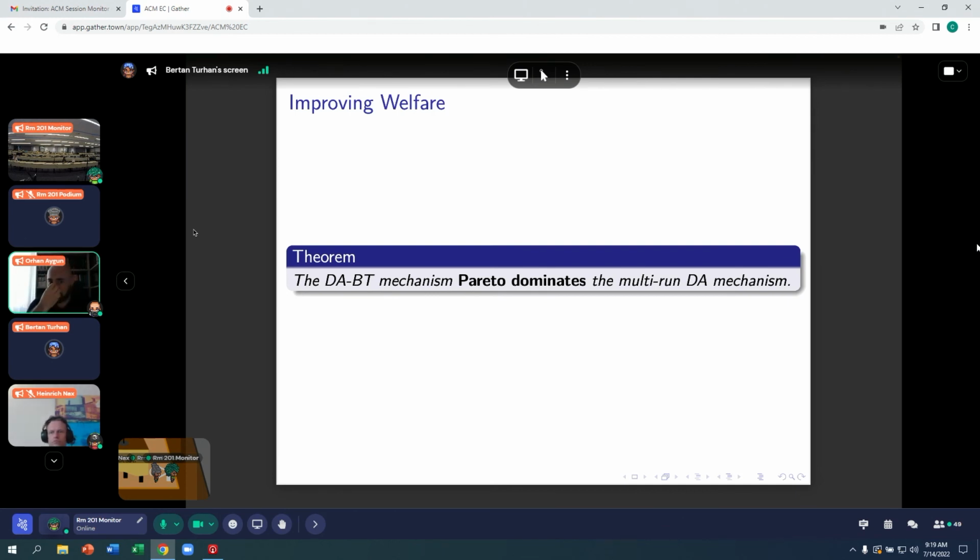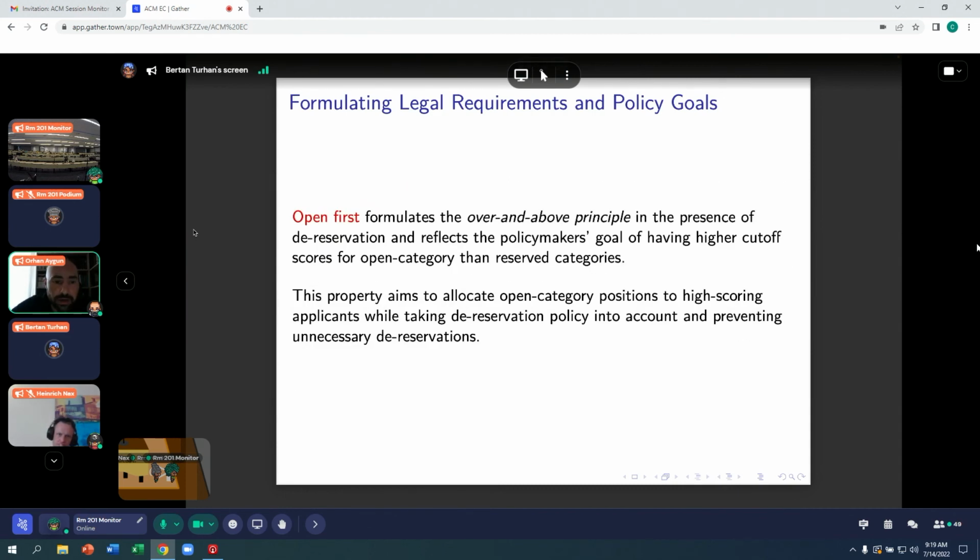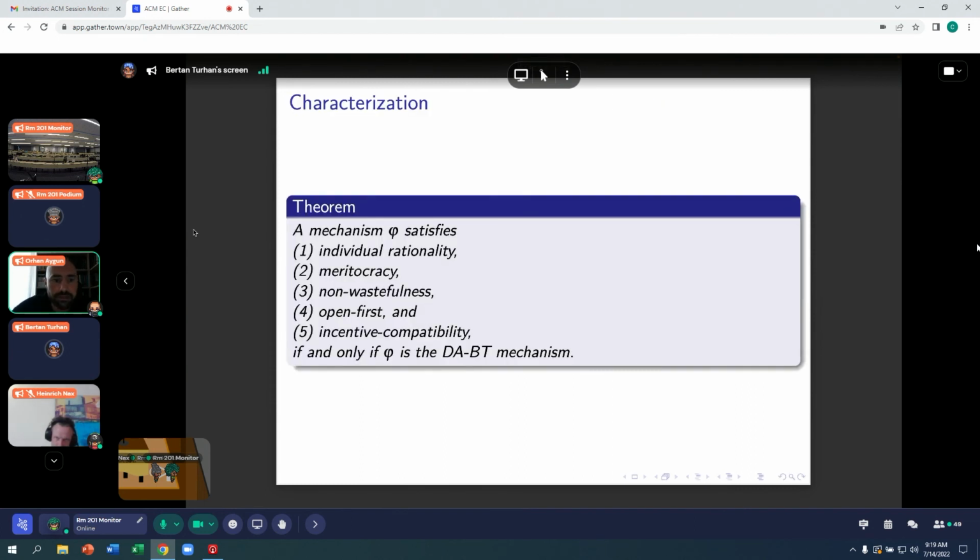And not only that, in the next slide, we also show that this DABT mechanism complies with all those legal requirements, and along with incentive compatibility, we can characterize the DABT mechanism.